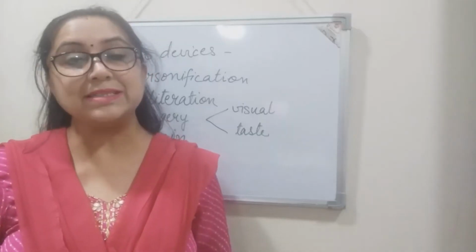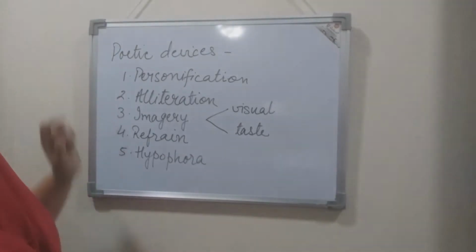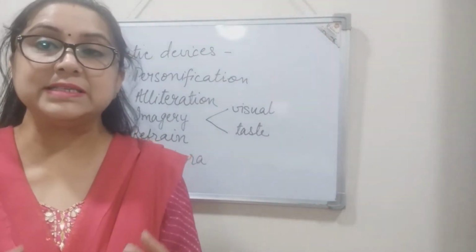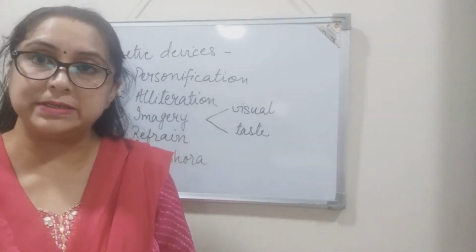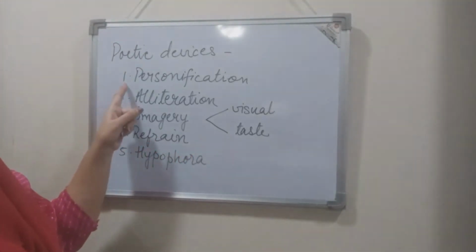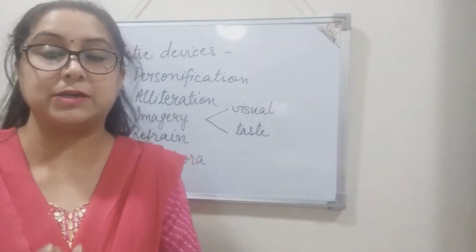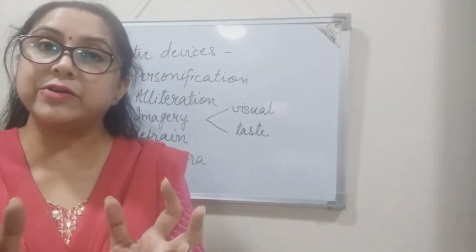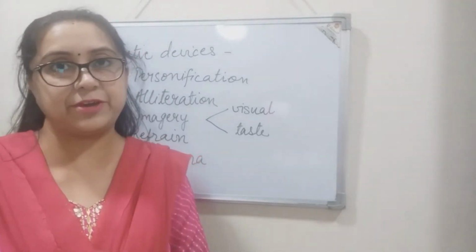So, let us once again revise the poetic devices. Personification, when abstract qualities or animals are given human qualities, right? So in this poem we'll find that the entire poem is a personification, right? The earth has been described as a great magician. So the entire poem is a personification.